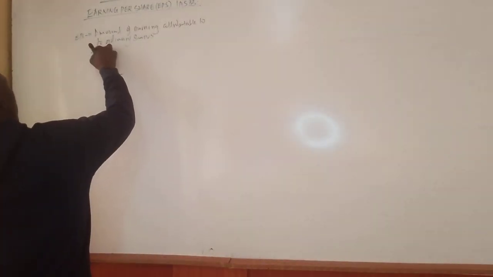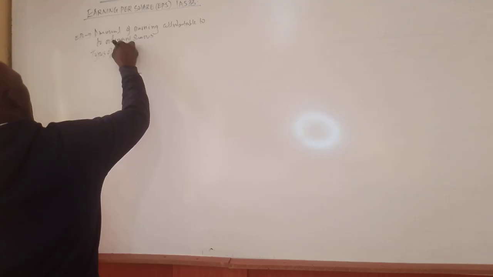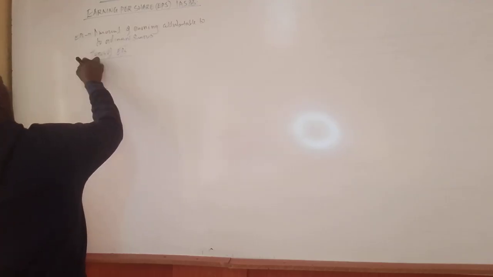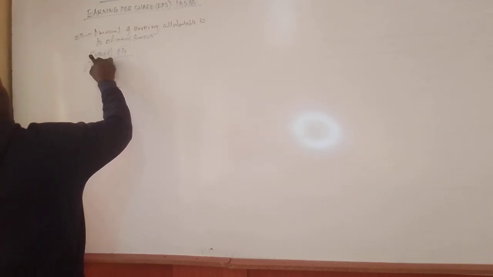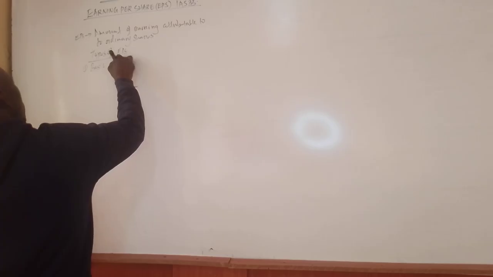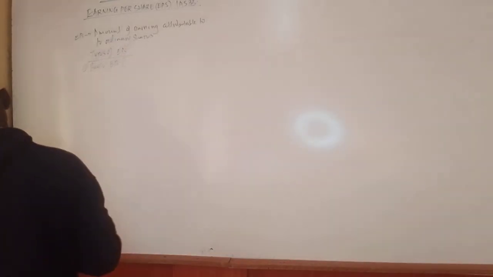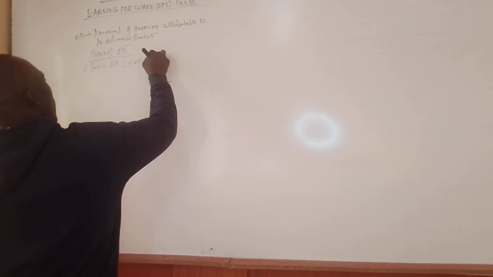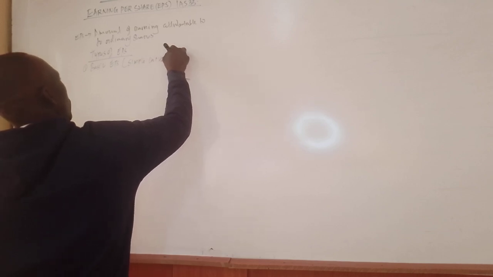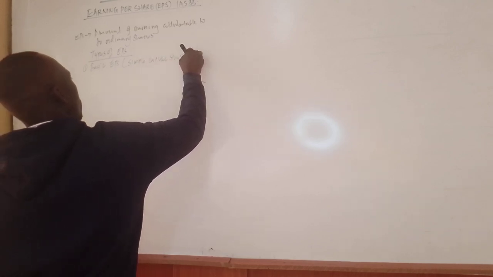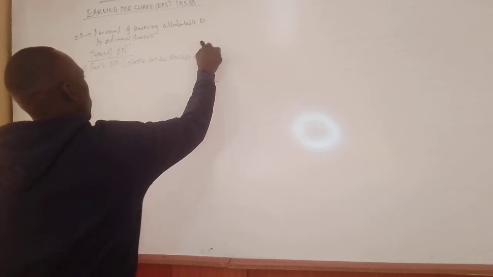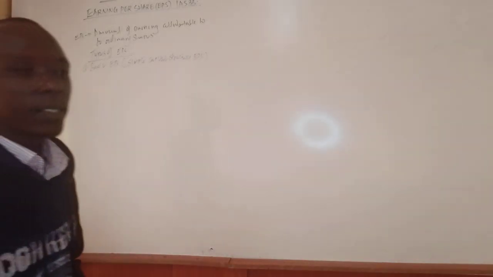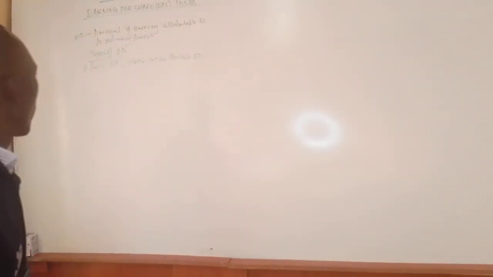So when we look at the types of earnings per share, one is what we call the basic EPS, or the simple capital structure EPS. That is what we call the basic EPS.